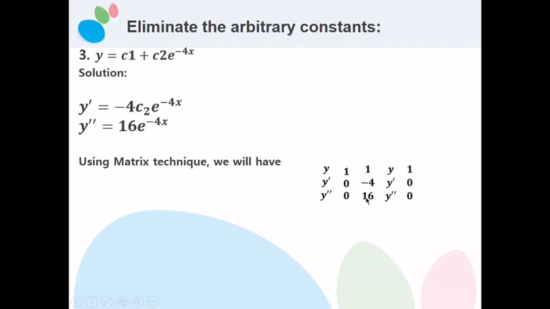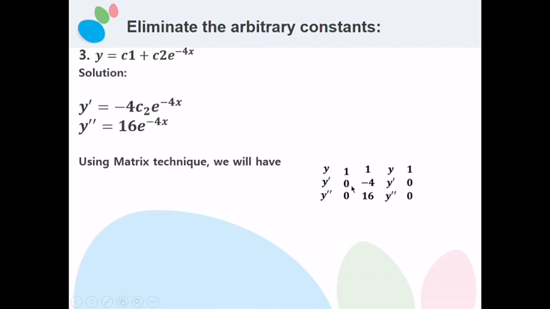Okay? So in this technique, we're going to copy the first two columns, so y, so just copy. And then first is to multiply up to down.